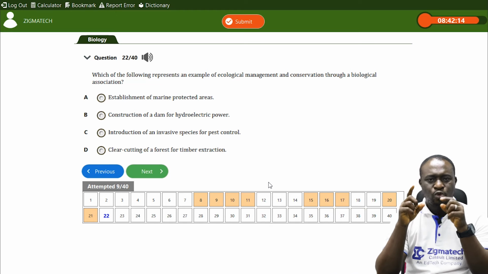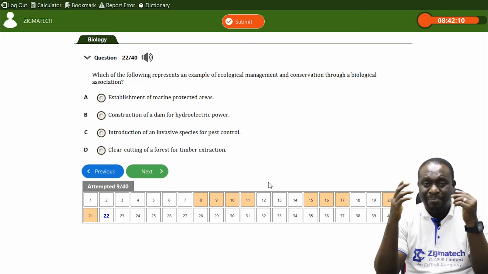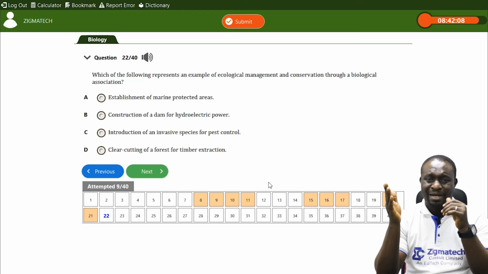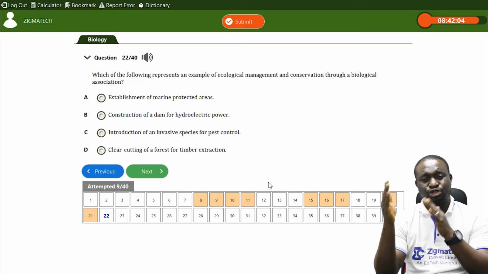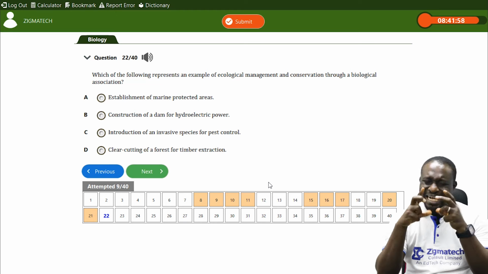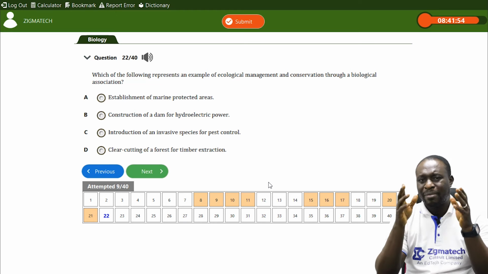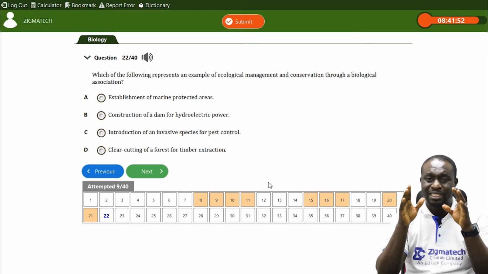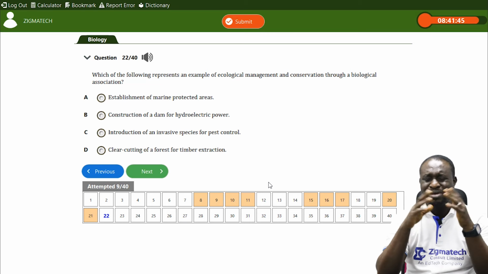Of course, marine waters are an example of a natural ecosystem. They are habitats. And I remember I mentioned that we have aquatic as well as terrestrial habitats. So protecting and preserving our natural habitat and the organisms found in it. When you're talking about marine habitat, you have so many organisms, like the cartilaginous fishes and so many others.